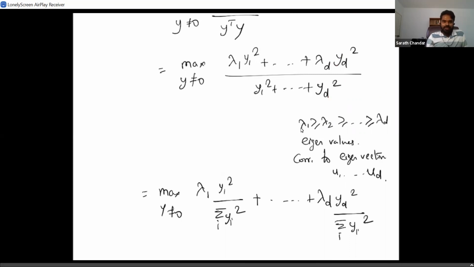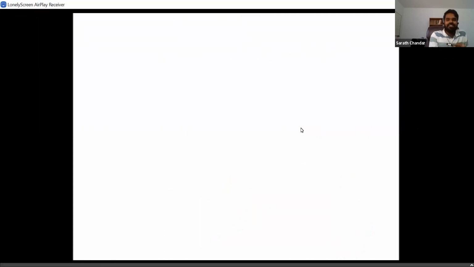Now I have this function that I want to maximize. You can see that these terms sum up to 1, so you have a convex combination of lambda 1 to lambda d. Maximizing a convex combination of a bunch of scalars, assuming they are positive, gives essentially the maximum of those scalars.